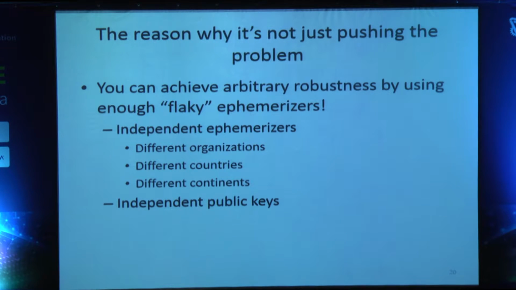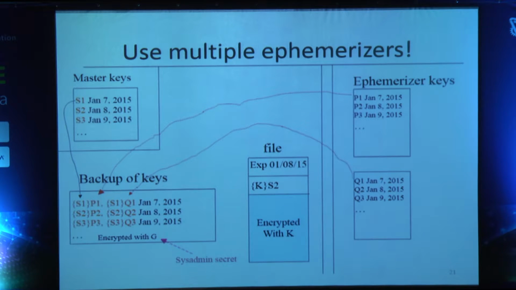The different organizations, different countries, different continents, and their public keys are completely independent. These ephemerizers have nothing to do with each other. So when you're using multiple ephemerizers, I couldn't on this slide use 20, it would get too cluttered. So in this picture, I'm only using 2 ephemerizers, but just imagine that it's 20.